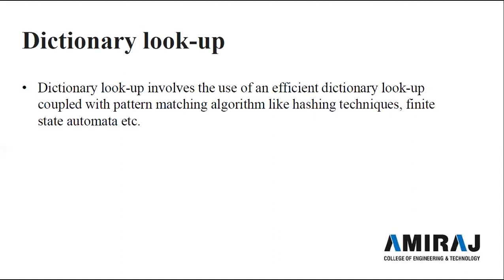A similar pattern is used here in this algorithm as well, like the hashing technique, in which we create a hash table. Similar kind of technique is used here in dictionary lookup, where we try to identify the word in the dictionary or in the table that we already have in the database, right?